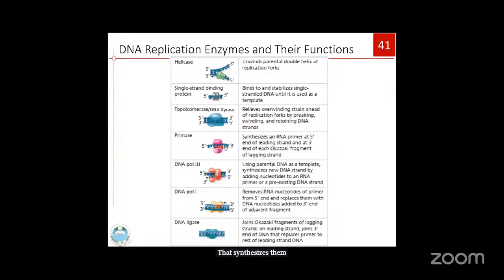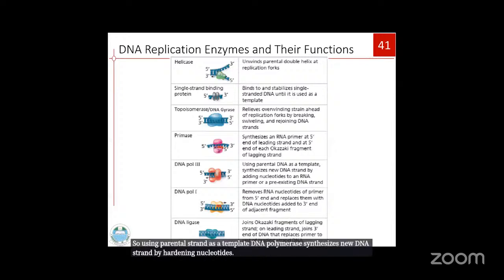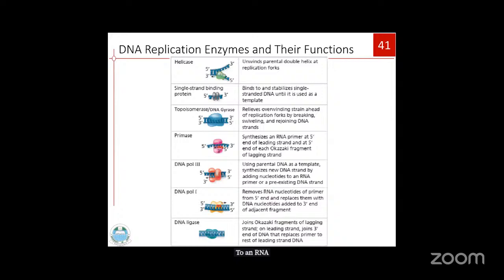So for A, it will bring T, for T, it brings A, for G, it brings C, and that's how the strand is copied entirely. So using the parental strand as a template, DNA polymerase 3 synthesizes a new DNA strand by adding nucleotides to an RNA primer or a pre-existing DNA strand.